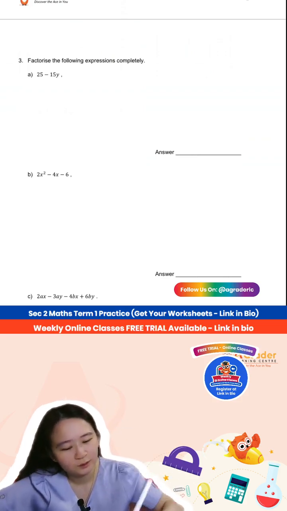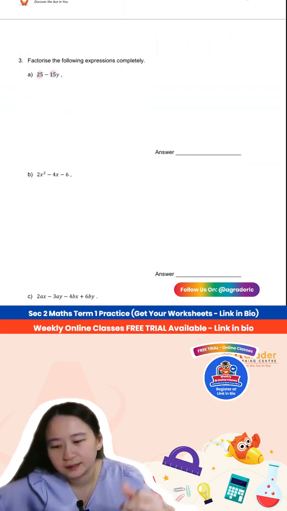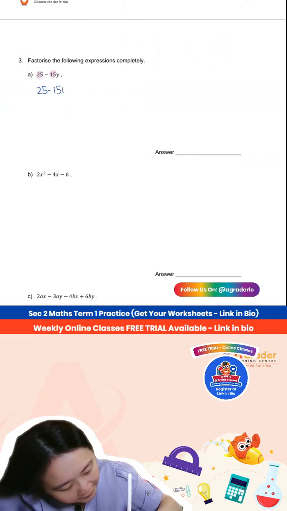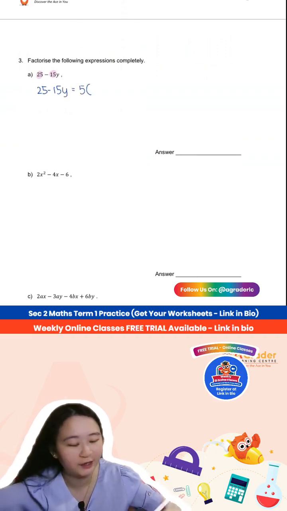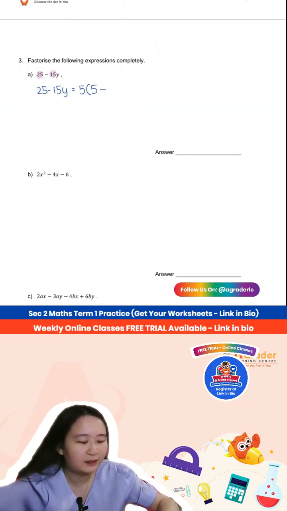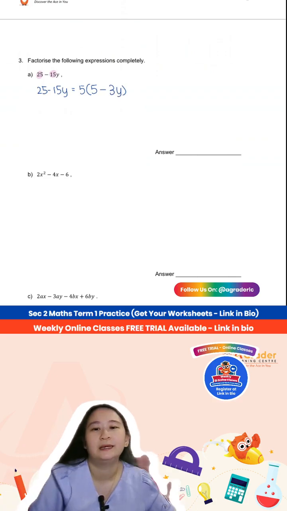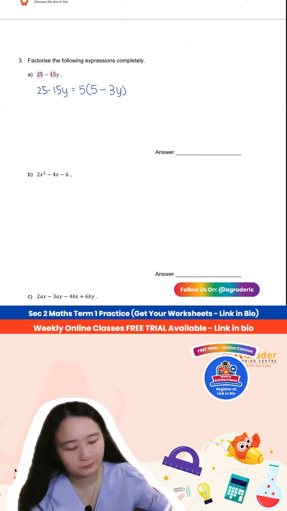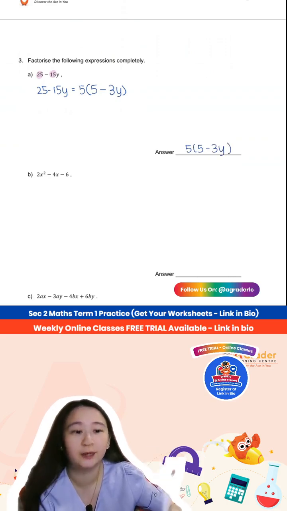So both 25 and 15 has a common factor of 5, so we can factorize out 5. When you factorize out 5, we take 25 divided by 5, we get 5. So you're left with 5 inside the bracket. Minus 15 divided by 5, we get 3. So you're left with 3y. So you should get 5 bracket 5 minus 3y.